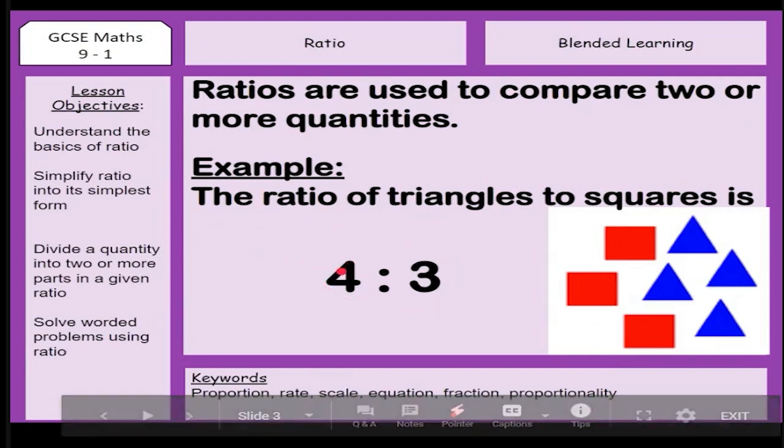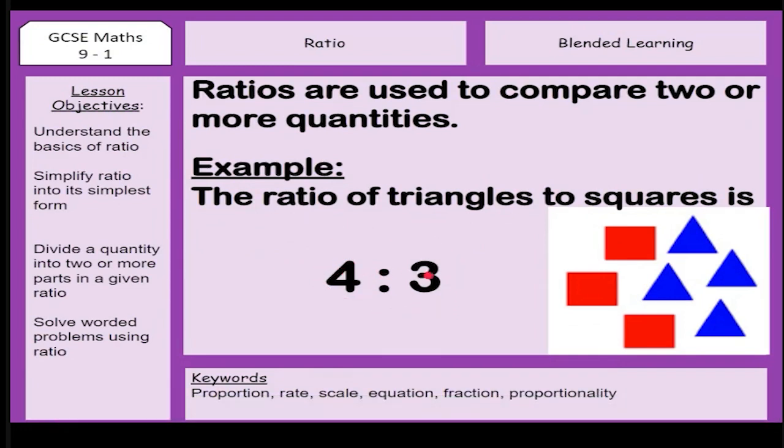So we've got the 4 triangles, we've got 3 squares, and in the middle is the to sign. You may know this as a colon from English. So 4 to 3, triangles to squares. This means for every 4 triangles there will be 3 squares.